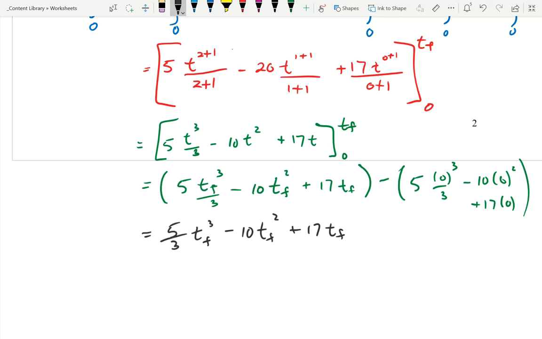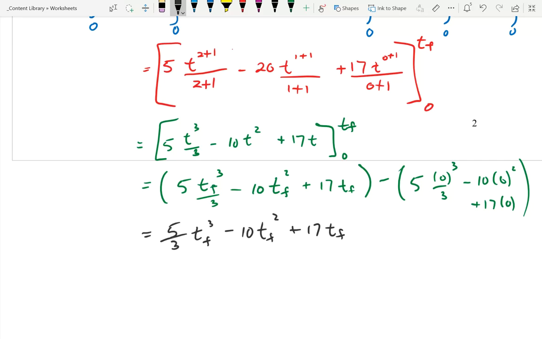Now, an important thing to note, what happened to the constant plus c? Yeah, no, we do need that. No, we don't. Why not? Anyone know? Because we have limits.